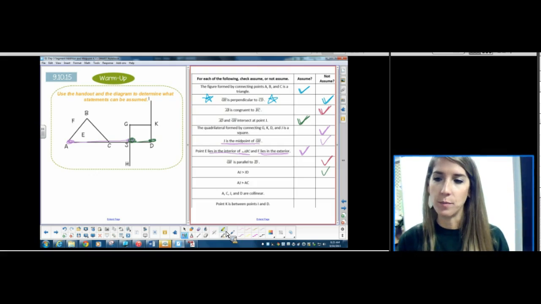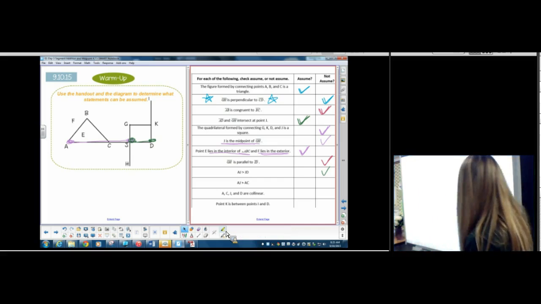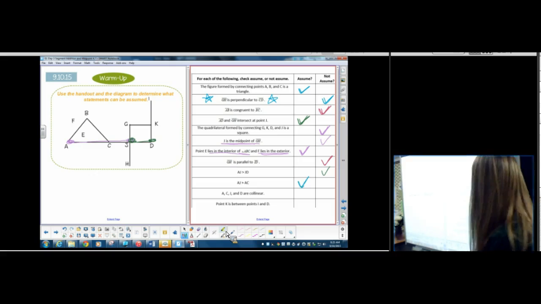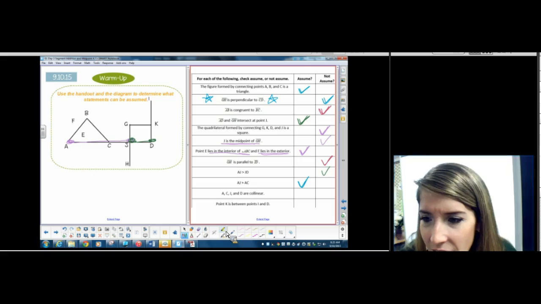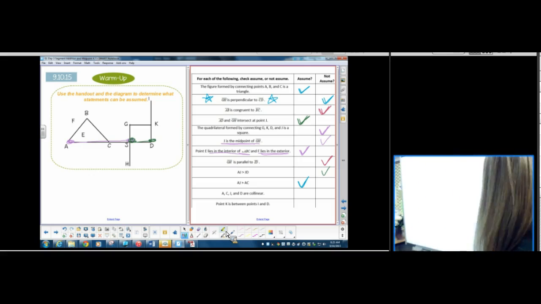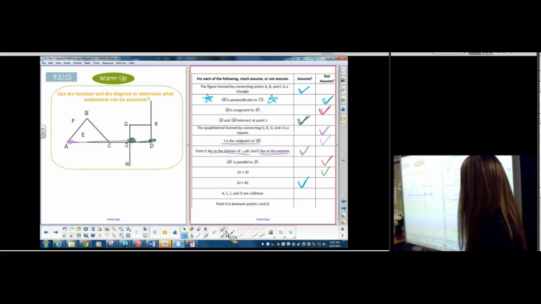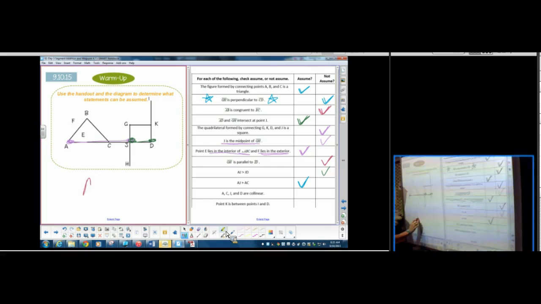So you can't assume. Now, I am going to tell you that this next one you can assume. And you're like, oh, Miss Tanton, those are like the same sentence. They both have a greater than sign. Why am I allowed to assume this one but not the other one? Y'all know? This one says, if you can't read that if you're watching the lesson, AJ is greater than AC. I'm saying you can assume it. Why in the world would you be allowed to assume that one?